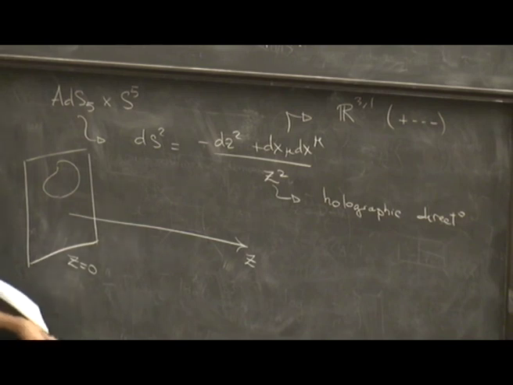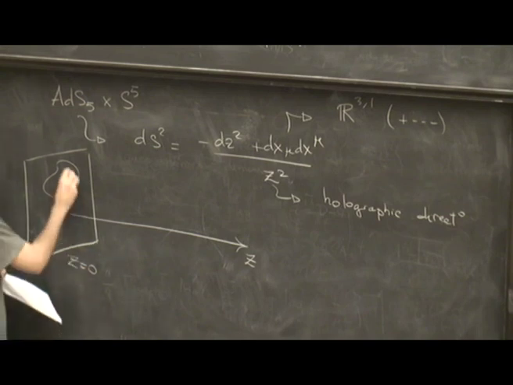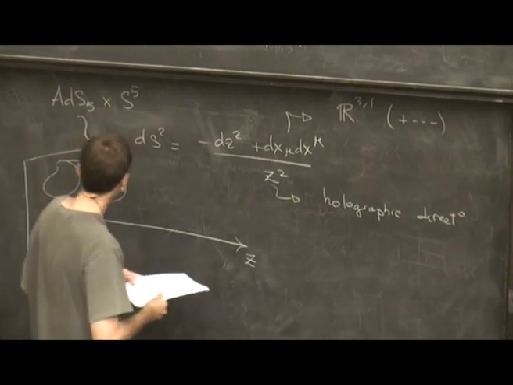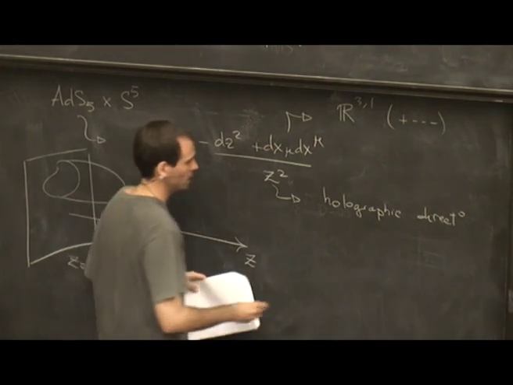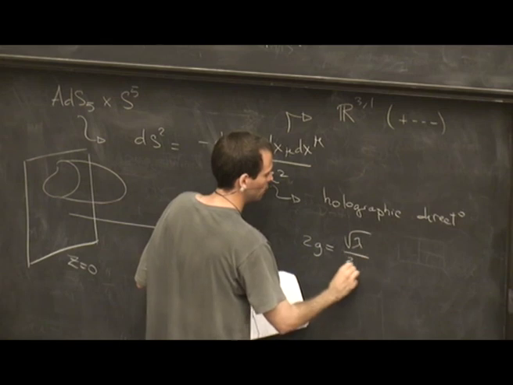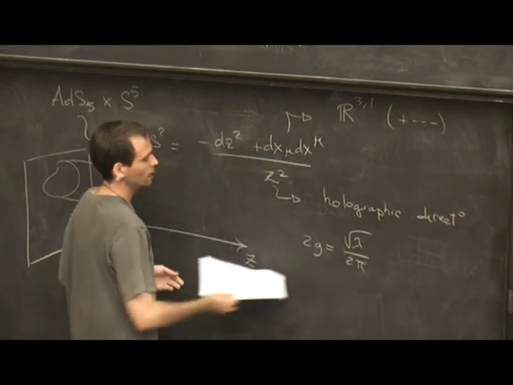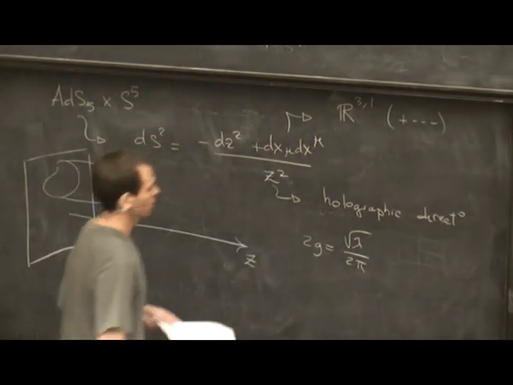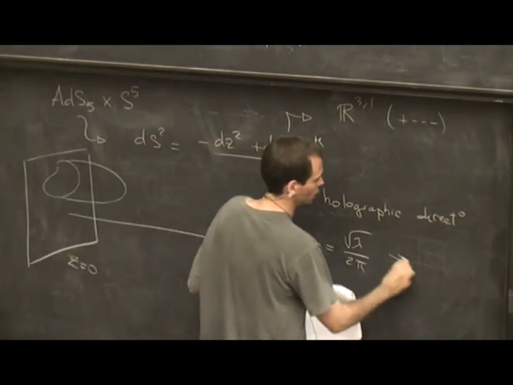And the claim is that the string theory description, in this particular case of a Wilson loop, is to look for a minimal surface which ends on this contour at the boundary. Is it something that Nadav explained already, or no? This is due to Maldacena, and the claim is that it is an accurate description when this quantity, square root of lambda over 2 pi, which is the same as 2g, I often switch between these two couplings, is large.